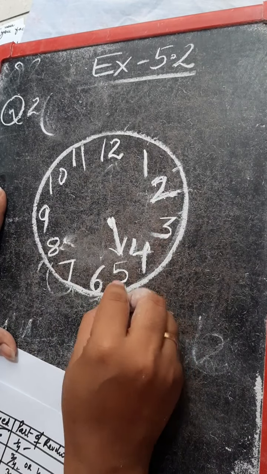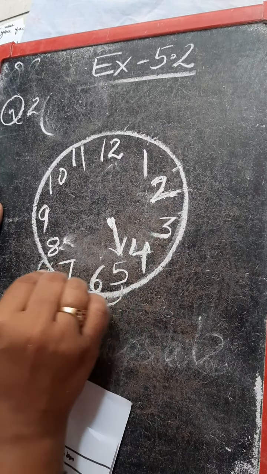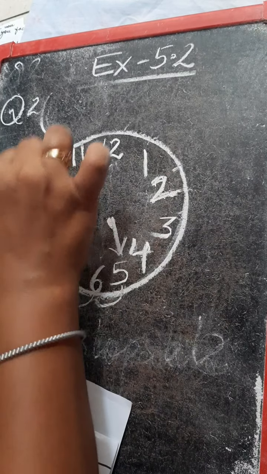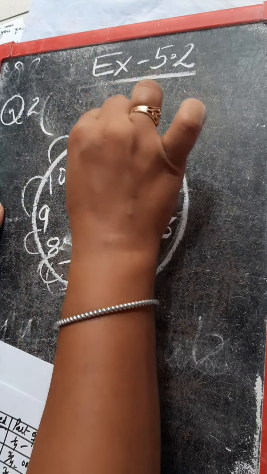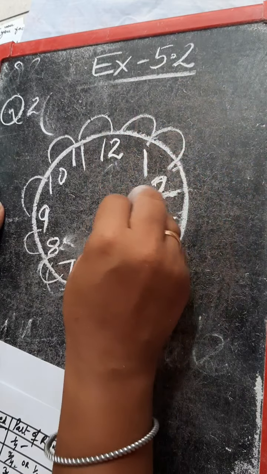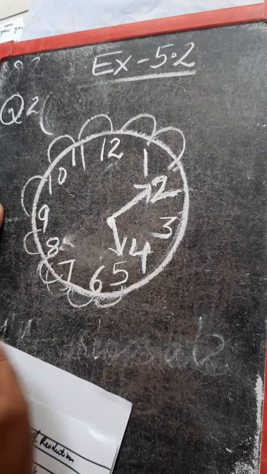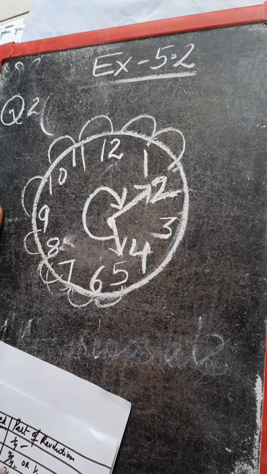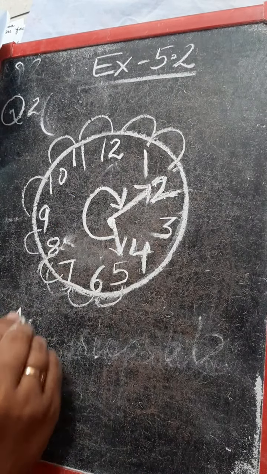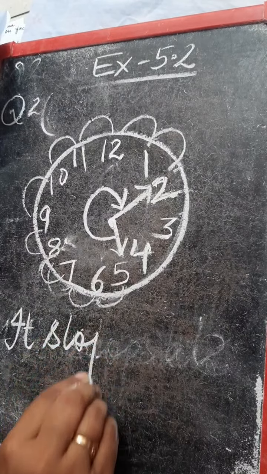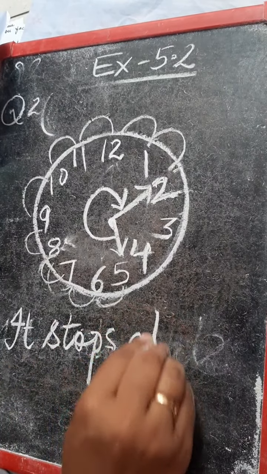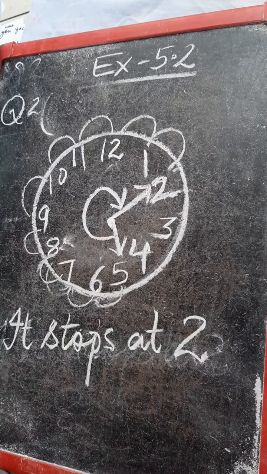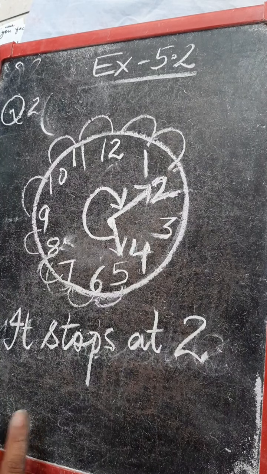So we have 5, 10, 15, 20, 25, 30, 35, 40, 45. So it stops at 2, and the direction will be like this. So my answer is it stops at 2. So this is all with question number 2.